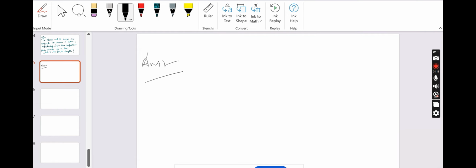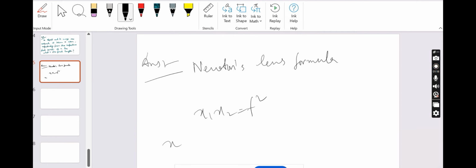So we know Newton's lens formula: x1 x2 is equal to f square.